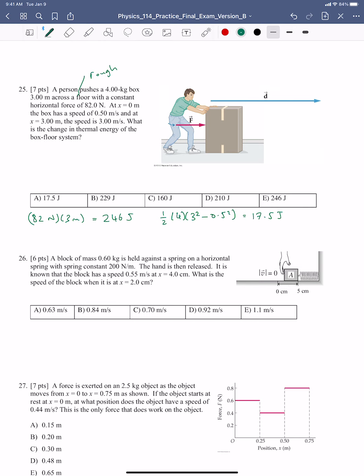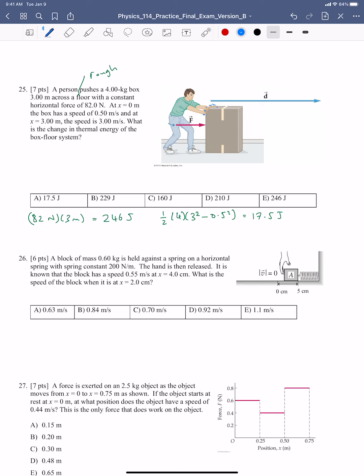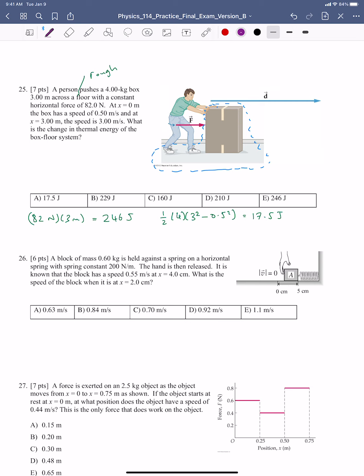So if I now think about the question itself, if we imagine the floor-box system, and maybe including the air that's close to the surface of the floor that might also heat up a little bit, we would have the work done on that system equals the change in kinetic energy of the box plus the change in the thermal energy of the floor.